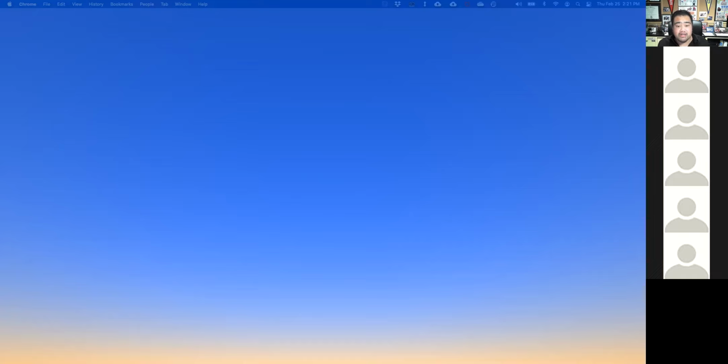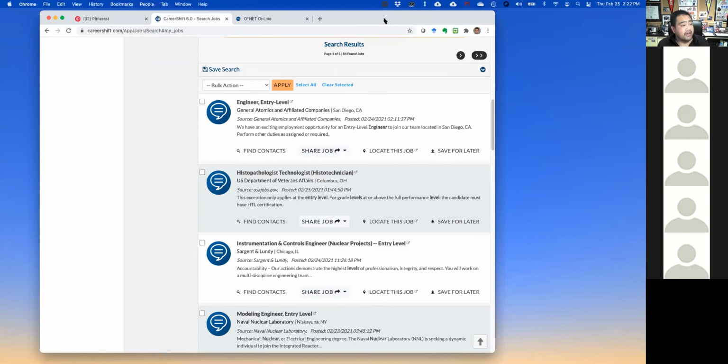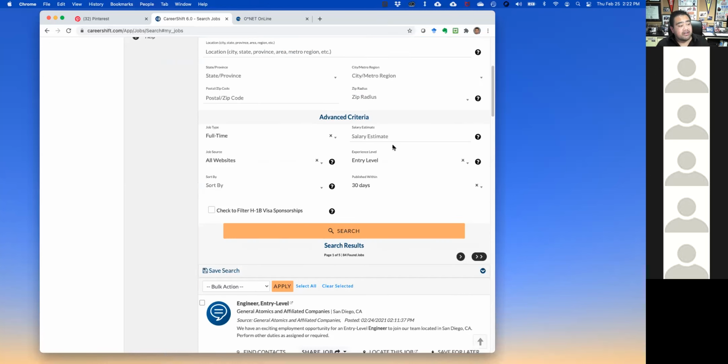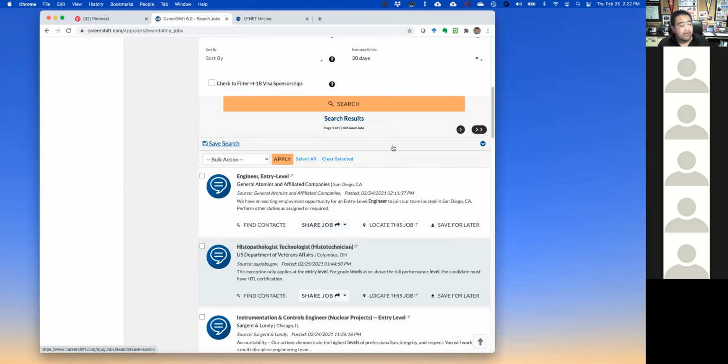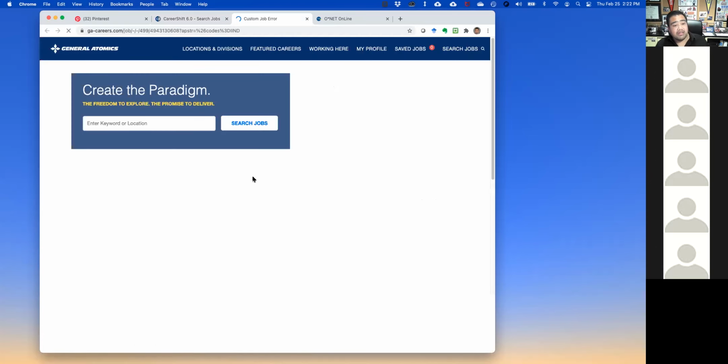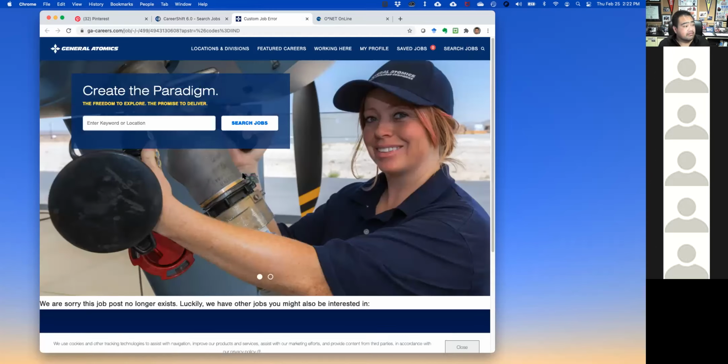No search. So let me dial it back a little bit. Oh, I misspelled engineer. There you go. Sorry. And so when we look at the search, I misspelled engineer. But when we look at nuclear engineering, here are the positions that are available to individuals, right? When you click on any of them, it'll take you directly to the employer's website, okay?